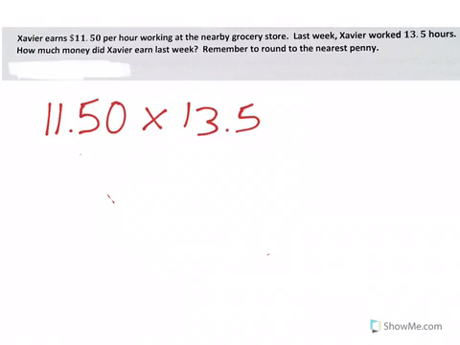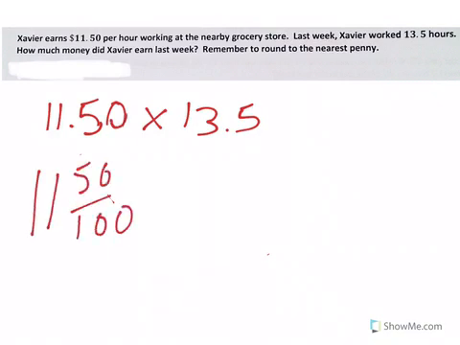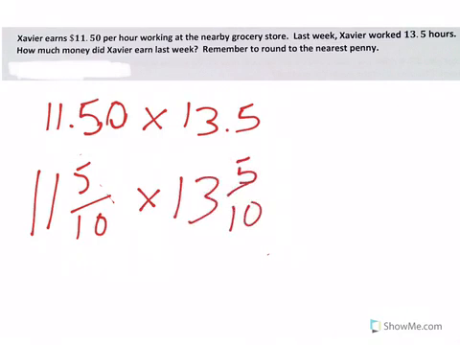Okay, let's solve the problem. I see 11.50. I know that's 11 and 50 hundredths, but I can also take off a 0 in the numerator and a 0 in the denominator and end up with just 11.5, or 11 and 5 tenths, times 13 and 5 tenths. We're going to use our MAD, right?